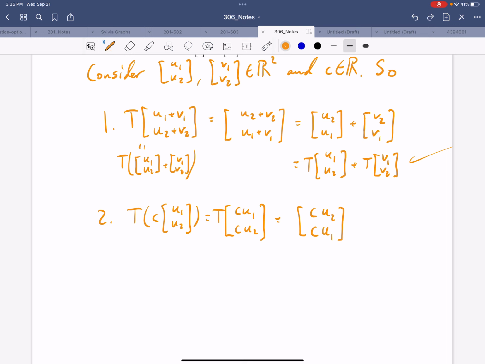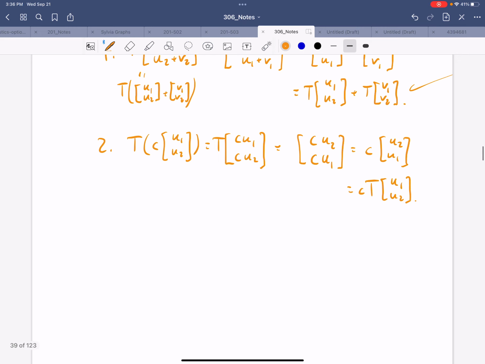Okay? And maybe you can see that that's the same as c times the vector (u2, u1). And maybe you can see that that's the same as c times T of (u1, u2). So sure enough, both of them check out. So T is a linear transformation.